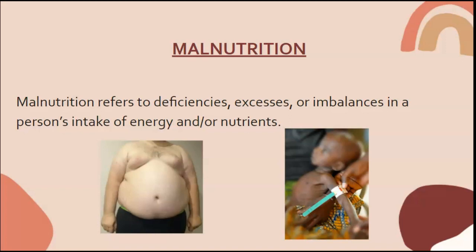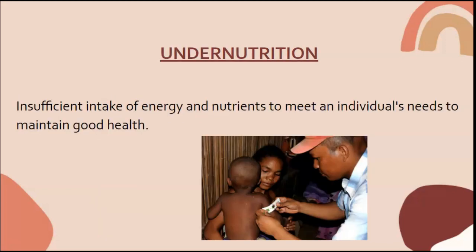It's anything, a deficiency, an excess, or an imbalance. All these possibilities come under the term malnutrition. But in the case of undernutrition, we only refer to insufficient intake of energy. So we only speak about deficiency here.